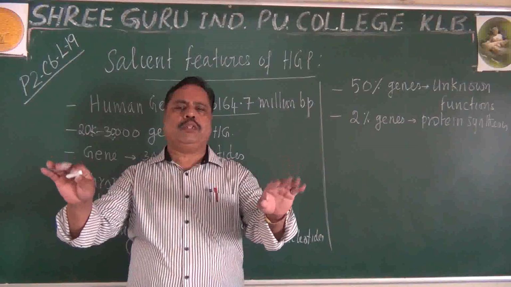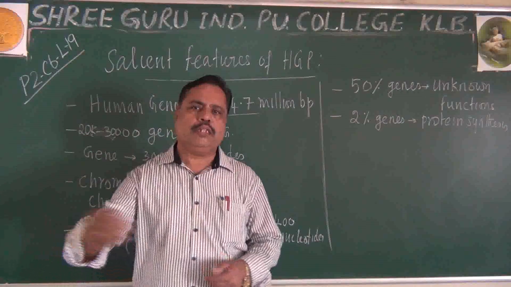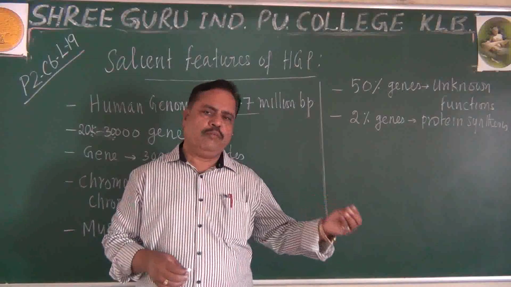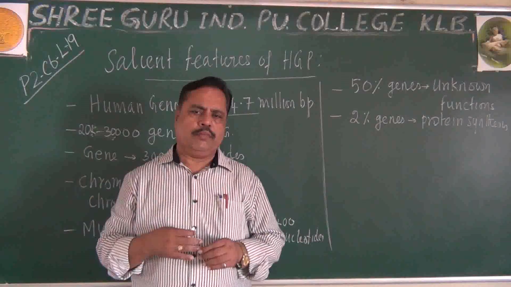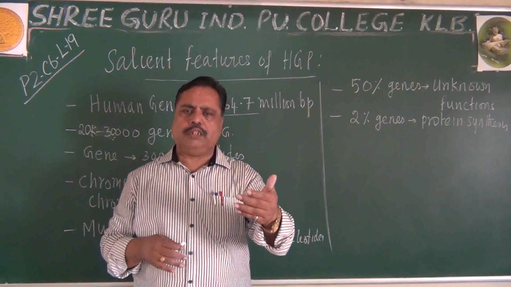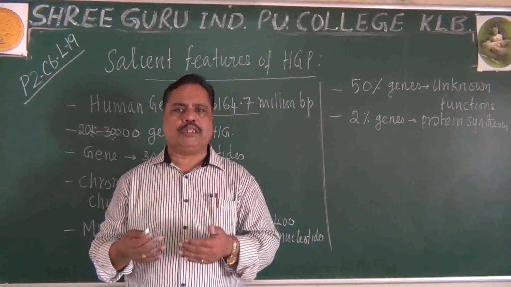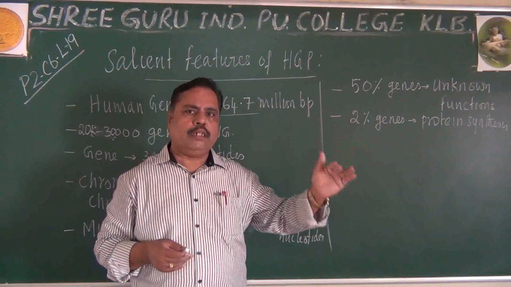The remaining 98% are not involved in protein synthesis. That means they may be acting like regulator genes, they may be found in the introns. You know that, the lac operon and all we have studied. So they may be helping the gene, or they may be non-functional, or they may simply be present in our body. They may be due to antiquity, we can say.